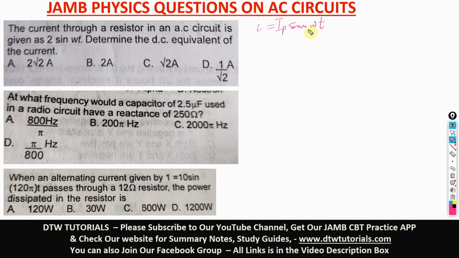W is our angular frequency, and T is our time, and IP is the maximum current, or peak current, and I is the instantaneous current. So this is the formula. Remember these two formulas, and V is equal to Vp sine Wt.